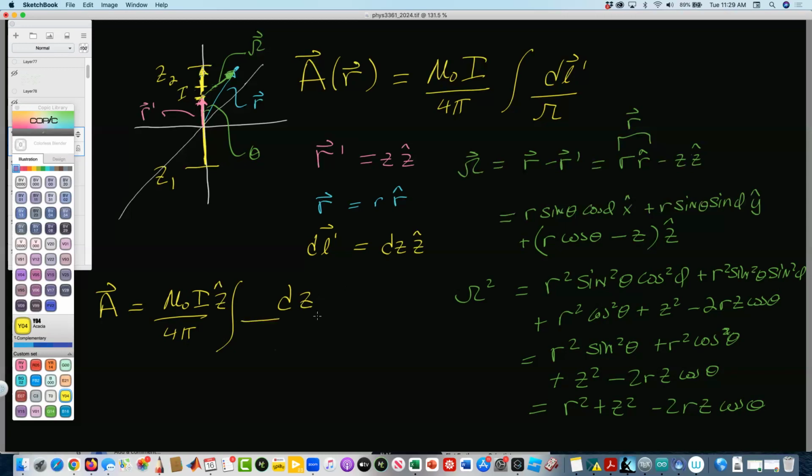There we go. Over the square root of r squared plus z squared minus 2rz cosine theta. Yep, there you go. So you would just look up the integral and you would do it. Okay? Makes sense.